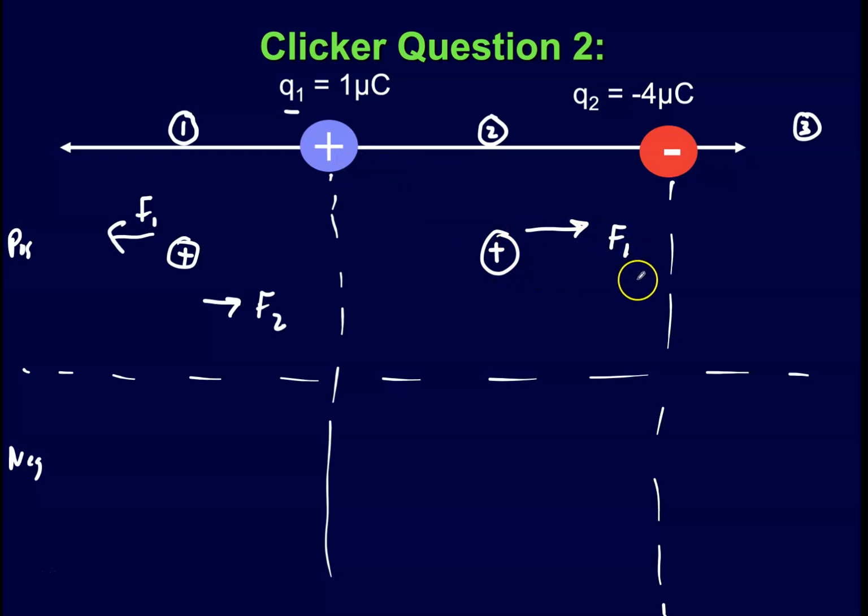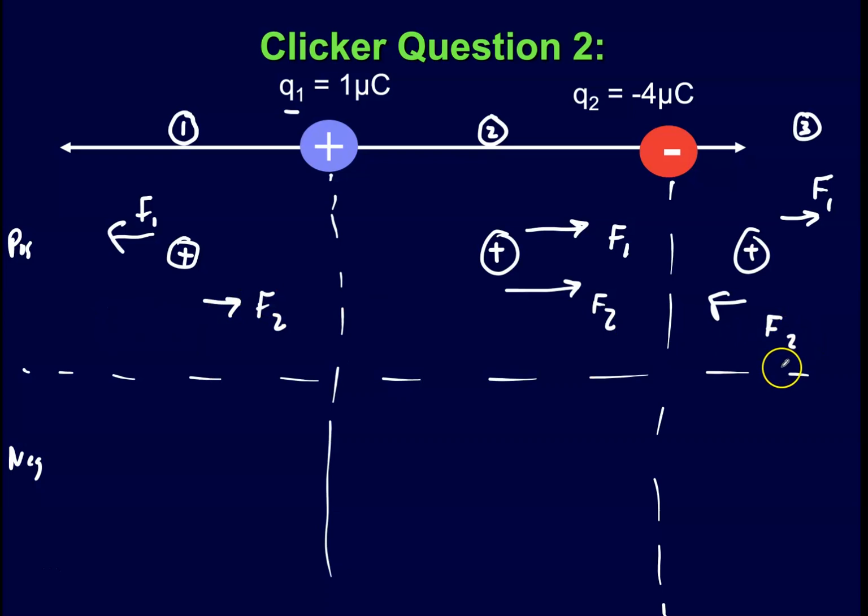We're using the idea that like charges repel, unlike attract, and then the idea of superposition with the forces, just like we did last time. So it would feel a force this way from F2, and in this region over here, the positive charge is going to feel a repulsion from F1 and an attraction to F2.